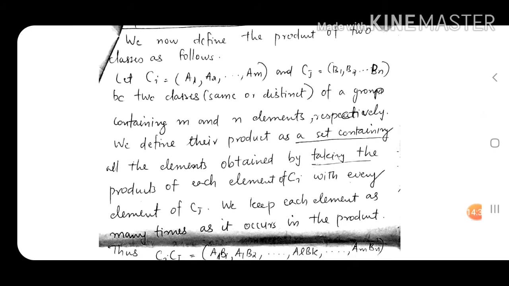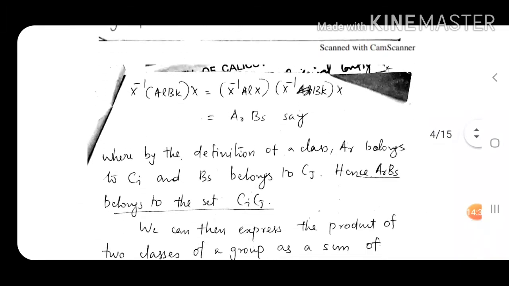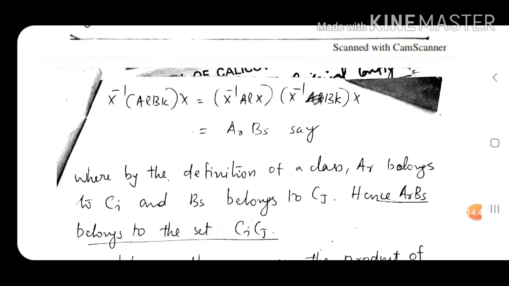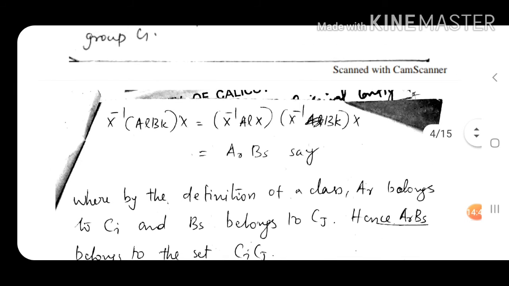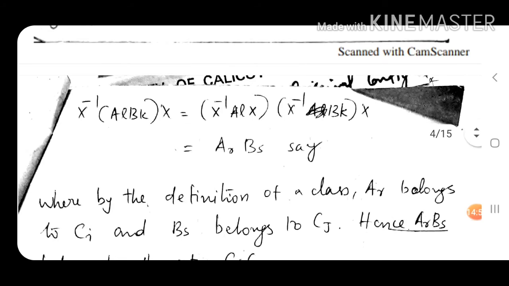Cj is a class, so all elements in it are conjugate to each other. So Ar, which is the conjugate element of Al, should be present in the class Ci, and Bs, the conjugate element of Bk, should be present in the class Cj.